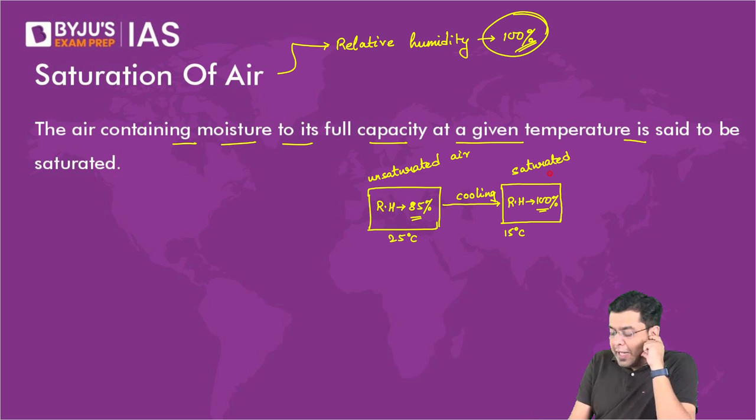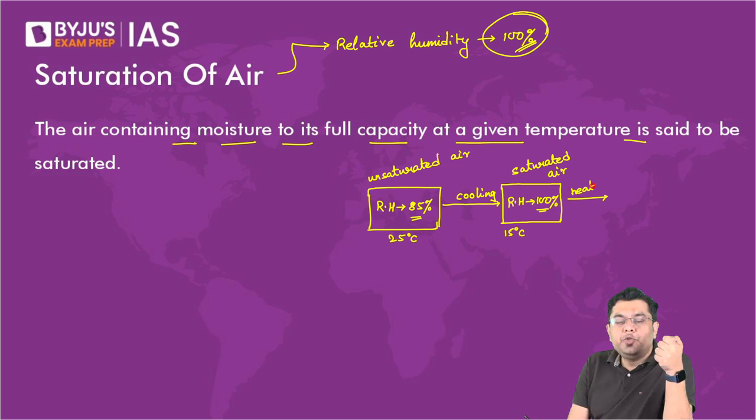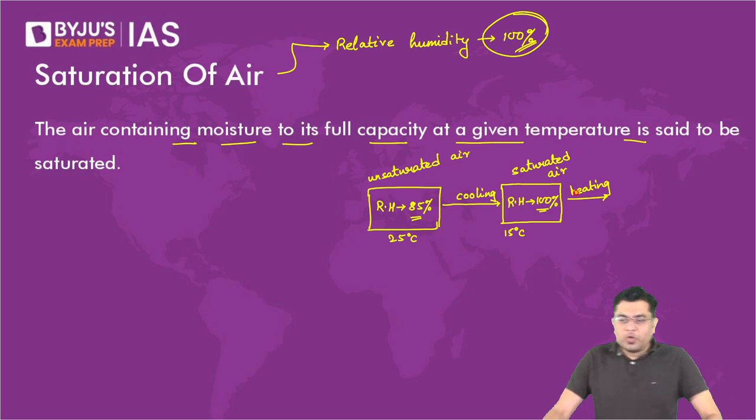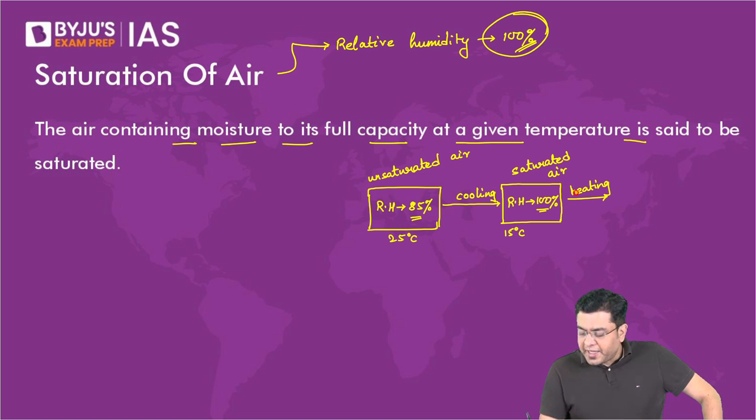Now suppose I heat it up again. It is not that you and I can put fire into the air and heat it up. It is generally heated and cooled by the activities of the atmospheric conditions itself. That is what the heating and cooling here refers to. Suppose the air gets heated to 20 degrees Celsius.